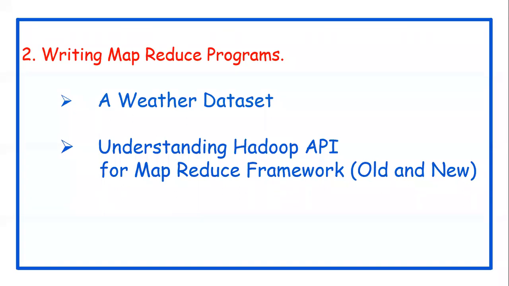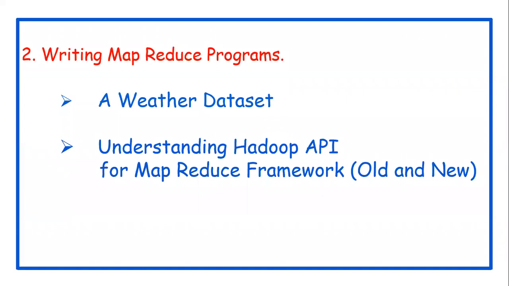The second topic is to write the map reduce program. We take a real-world data set. Whenever you open the mobile phone, we get some analysis, some information about the weather report. Because of this data set, or this database, every second or every minute we collect all the weather information.